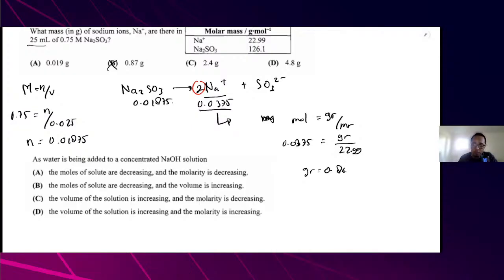Number 3 is B. It's pretty easy, as long as you know the formula of molarity and the formula to find the moles of Na+, then convert to grams using mass equals moles times molar mass. Always look at the subscript in the formula to figure out how many ions are produced per unit. In this case, this one produces 2 Na+.